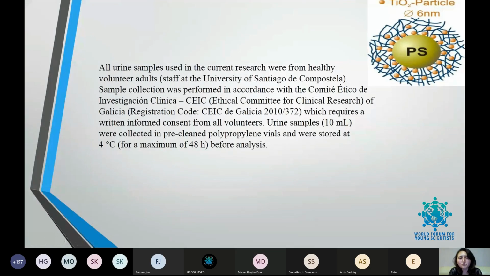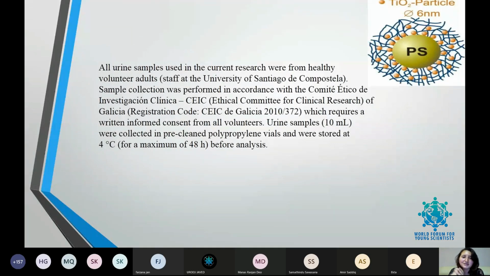All urine samples used in the current research were from healthy adult volunteers staffed at the University of Santiago de Compostela. Sample collection was performed in accordance with the ethical committee for clinical research of Galicia. Galicia is part of Spain.